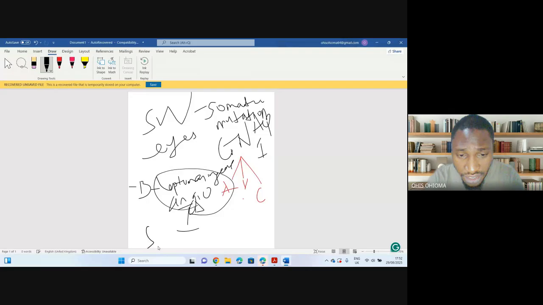For the skin, they usually present with a very unique feature. You can't miss this on the exam. If you see this on the exam and you miss it, then there's a problem. They present with what we call a port wine stain. And this usually follows the trigeminal nerve trajectory, so it affects V1 and V2 of the trigeminal nerve.